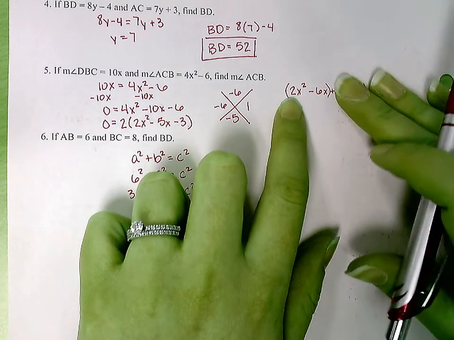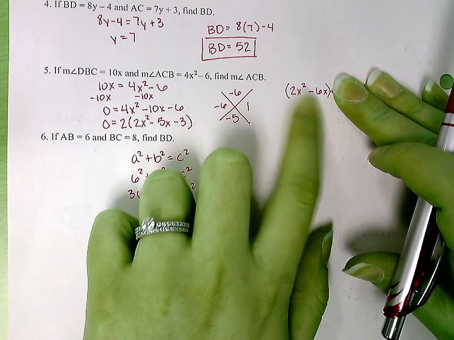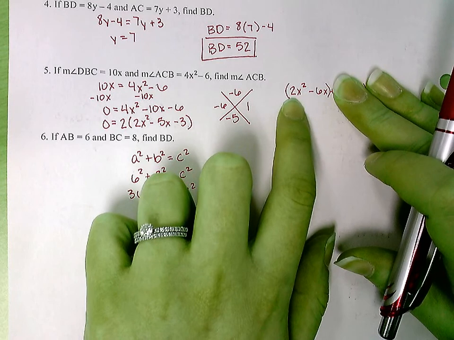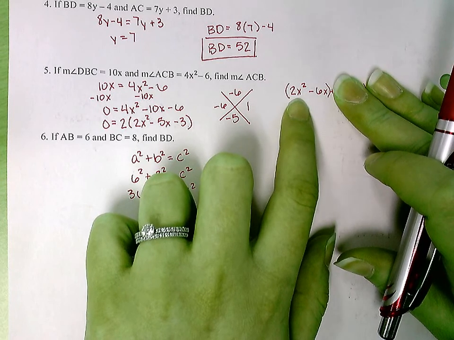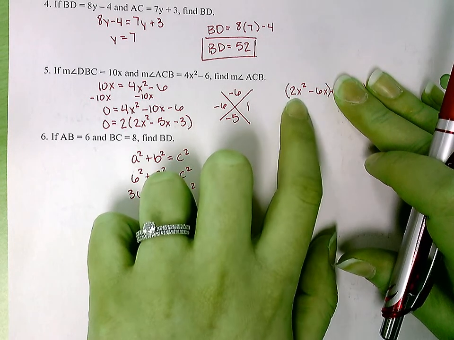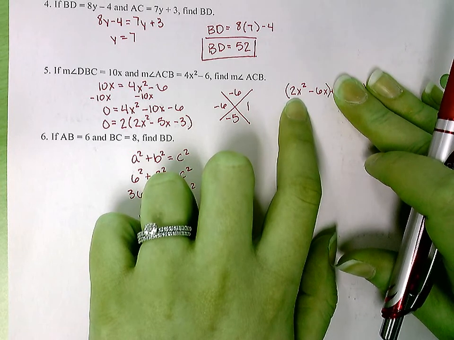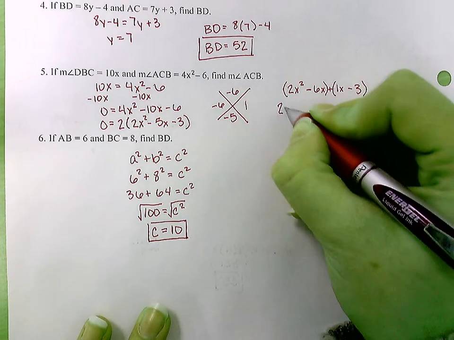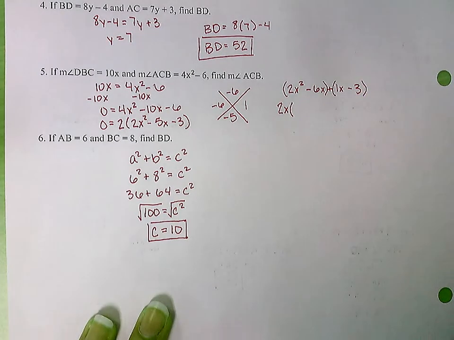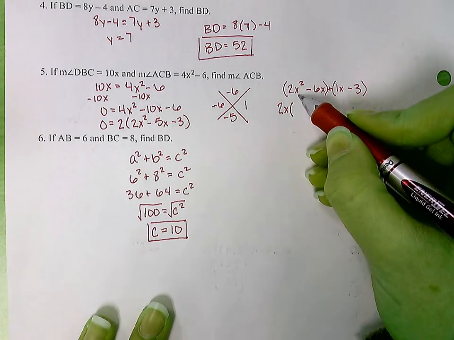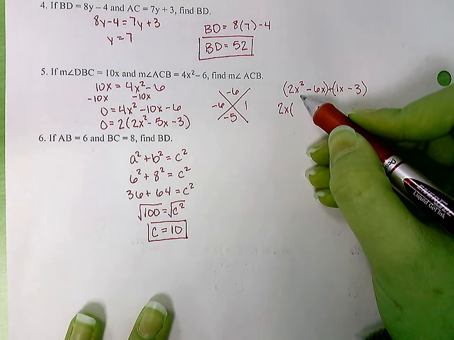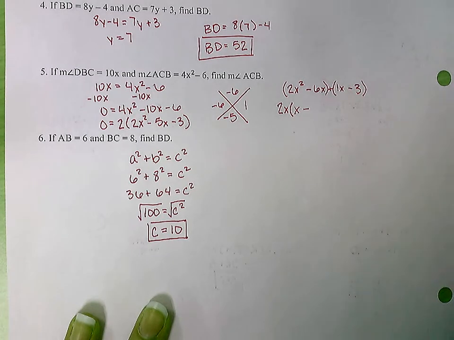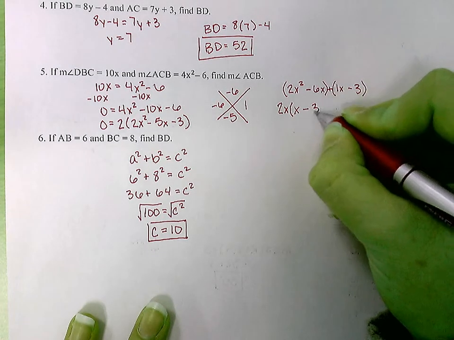So in this first set here, what are my like terms for both of these that I could factor out? The x's and a 2. So I can take out a 2x. When I do that, what's left in this term? X. What's left in this term? 3.